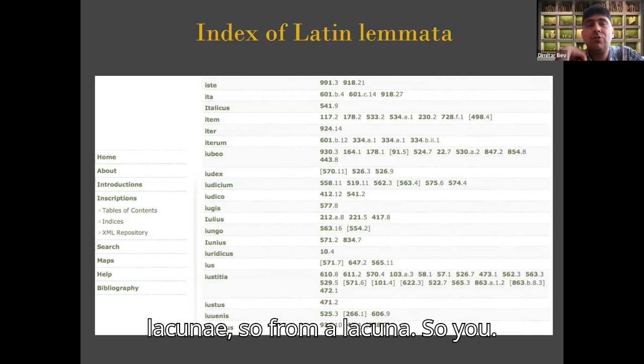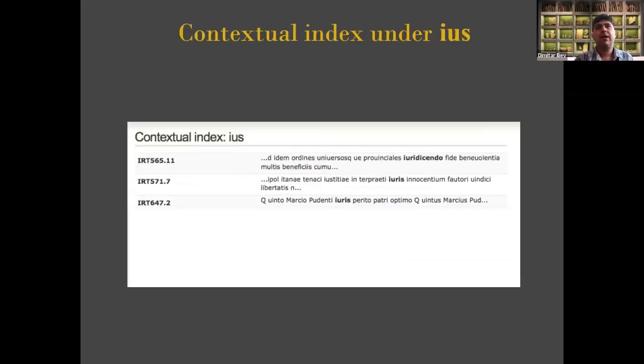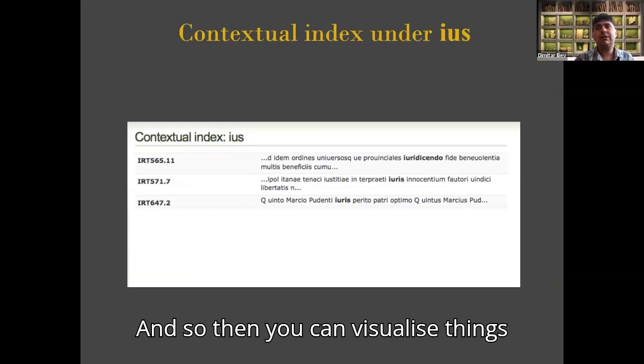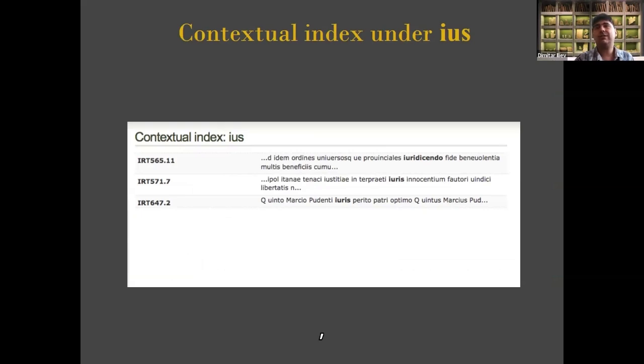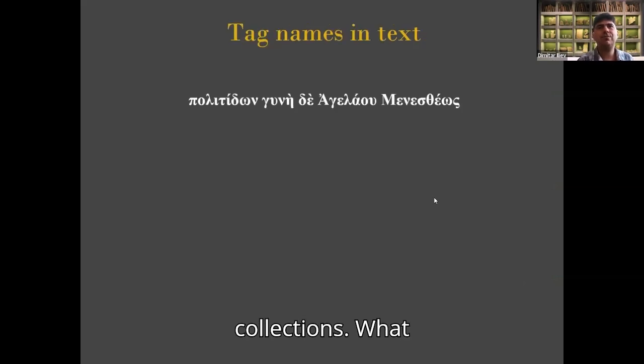So you might want to bear this in mind if you do some kind of statistics for your corpus or something like that. And then you can visualize things contextually, which is something that is done in many of the digital epigraphic collections.